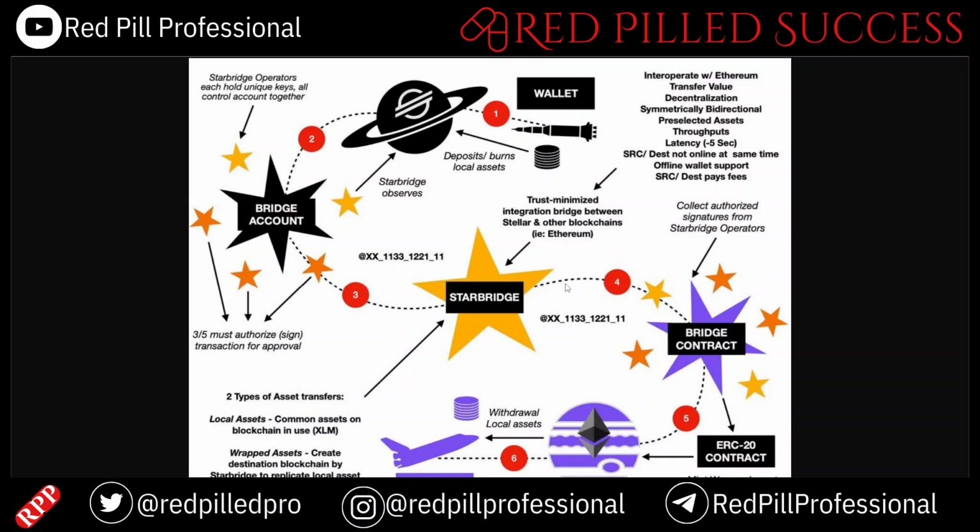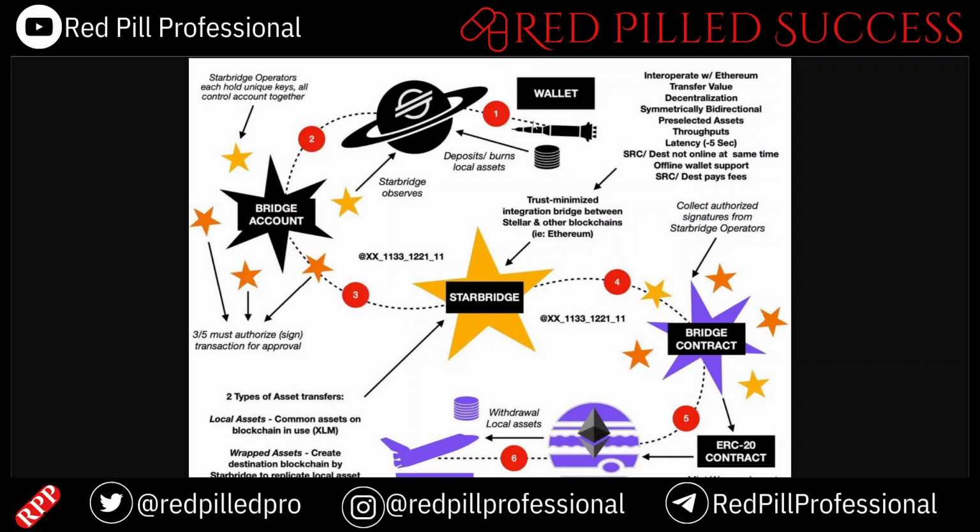So bridge is a smart contract project that connects XLM with the Ethereum virtual machine. All right. So it is intended to interoperate with Ethereum, transfer value to increase decentralization with a very fast settlement fee as well.